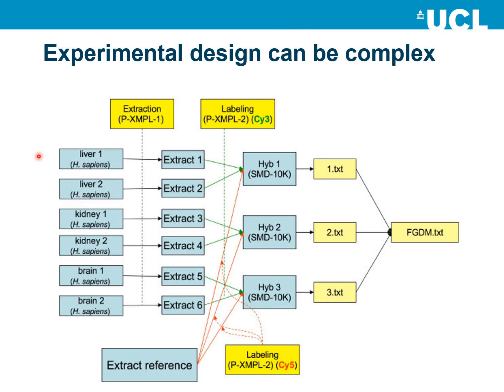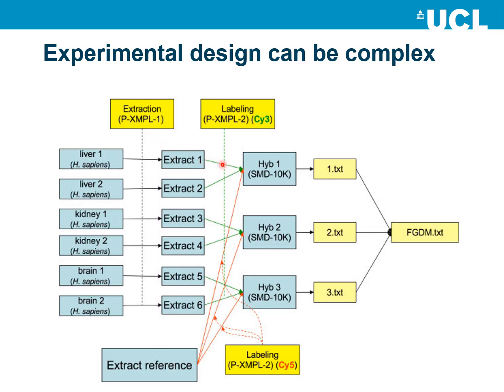So in this experimental design, we've taken Homo sapiens, so human liver 1, liver 2 samples. We've extracted out the messenger RNA, converted it to cDNA, using some protocol which may be different between experiments.